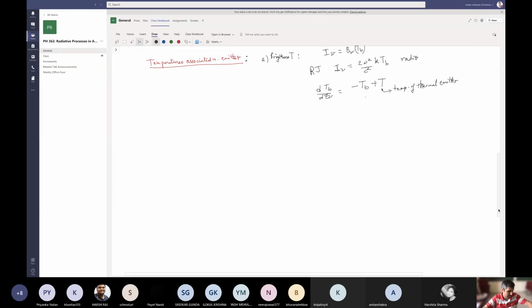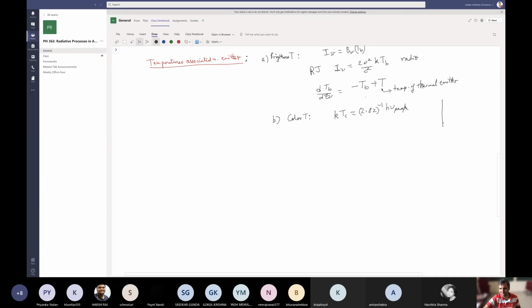What else? Of course, this can also be solved just like the radiative transfer equation. So the other concept is color temperature. Color temperature is based on applying kT_C equals h nu_peak divided by 2.82.